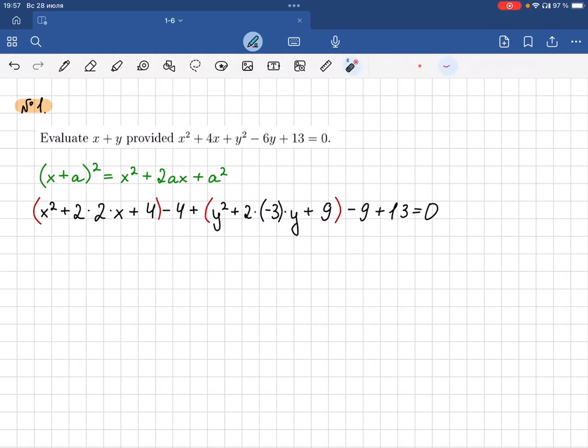Now we can notice that we can get rid of the constants outside the brackets. We have minus 4, minus 9, which is minus 13, and plus this 13, so it's 0.